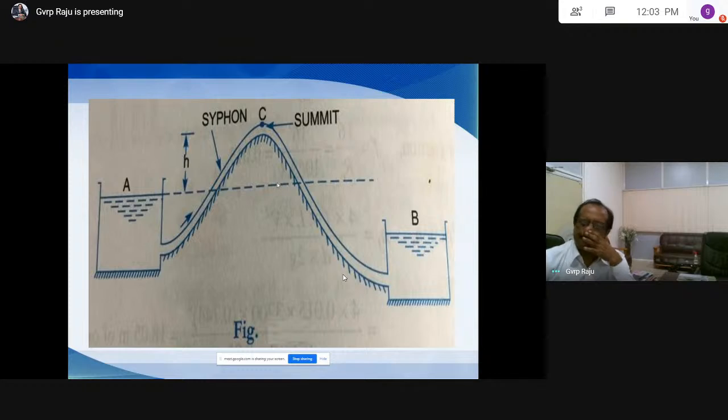Then what is this here? From the inlet to the summit is called the inlet leg.